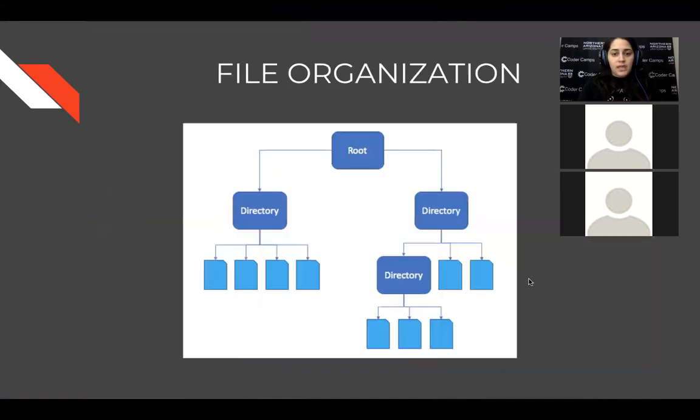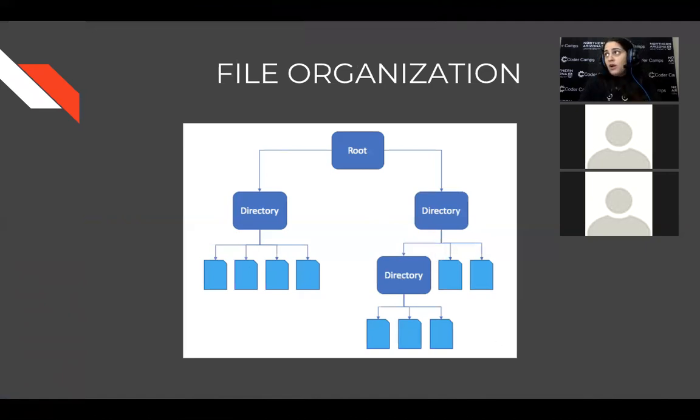So if we are looking at file organization here, we usually have our root file, or root directory or folder. And then in there you might have some subdirectories, some folders inside of folders. And inside of those folders or directories, you might have some files, you might have some other folders, things like this.